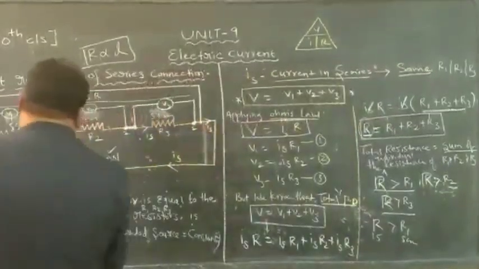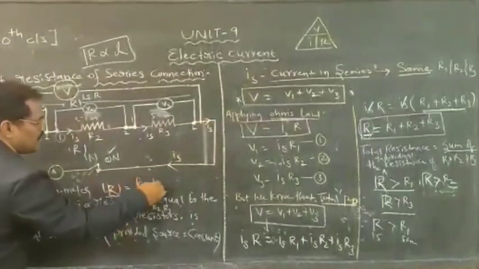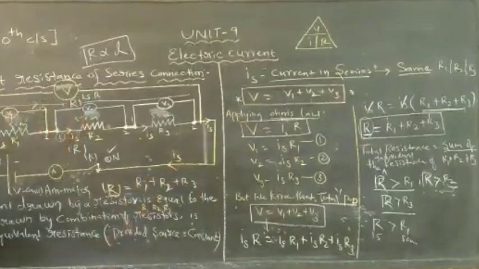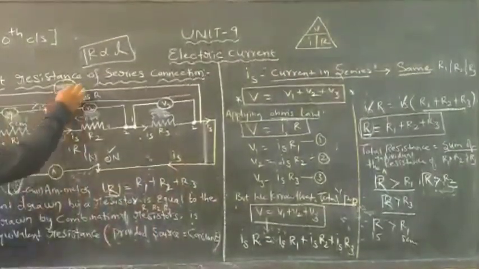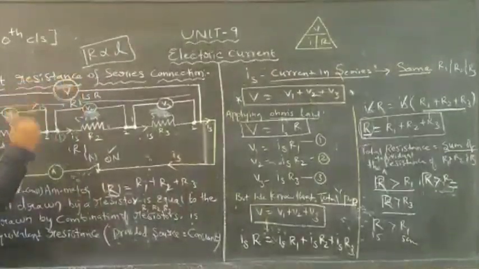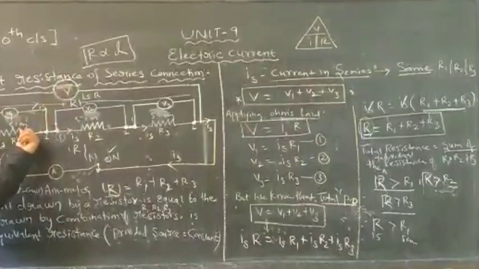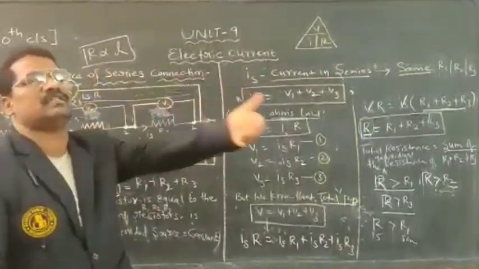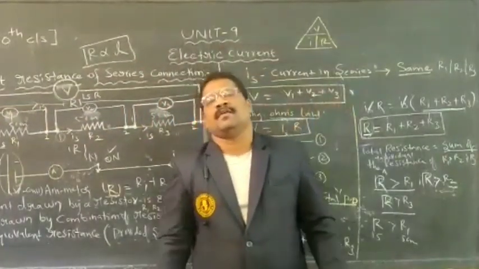If the current is drawn through this particular resistance R, equal to the sum of the combination of R1 plus R2 plus R3 resistors, provided the potential difference remains constant. Depending upon the capability of R1, R2, R3, we connect different voltmeters and identify it. By this we have completed our topic.